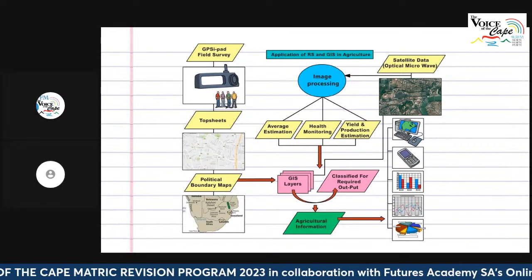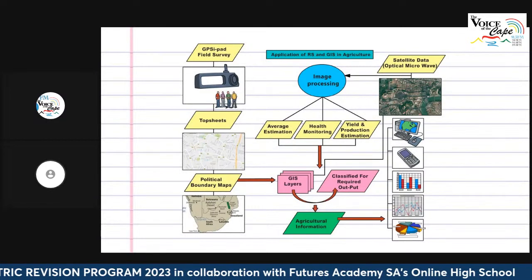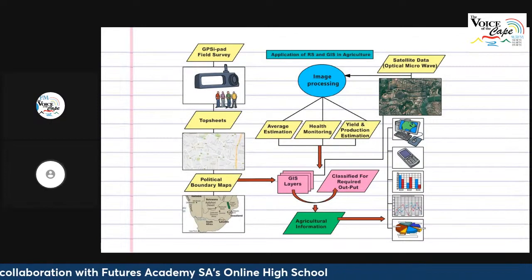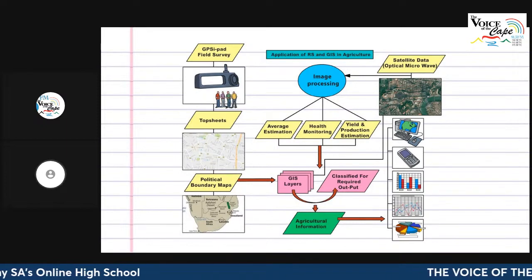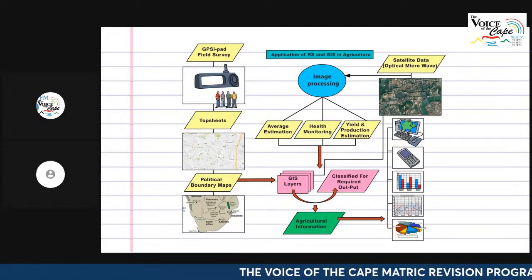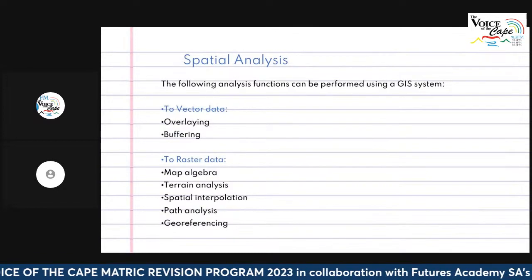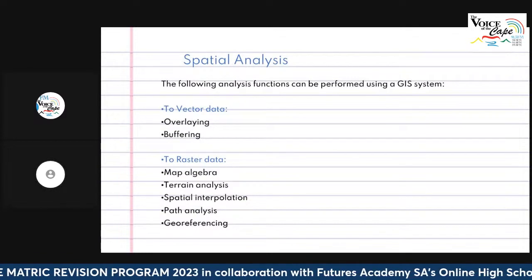All right, so image processing starts with a picture. We can use not only a picture, but also studies and other different types of elements. We can include all of this, and eventually the output is what we are looking for. Spatial analysis.